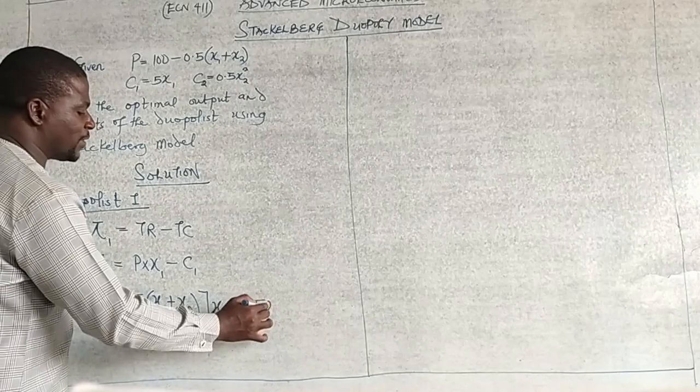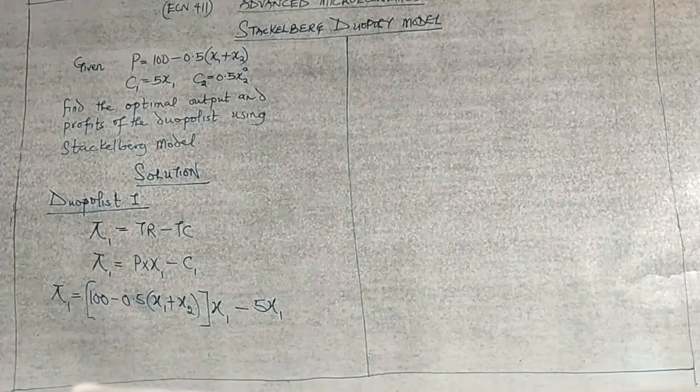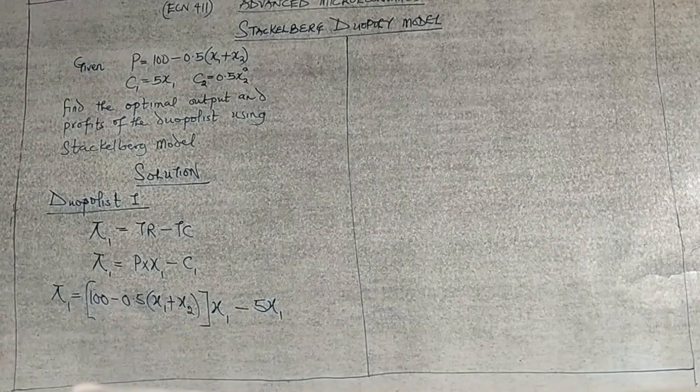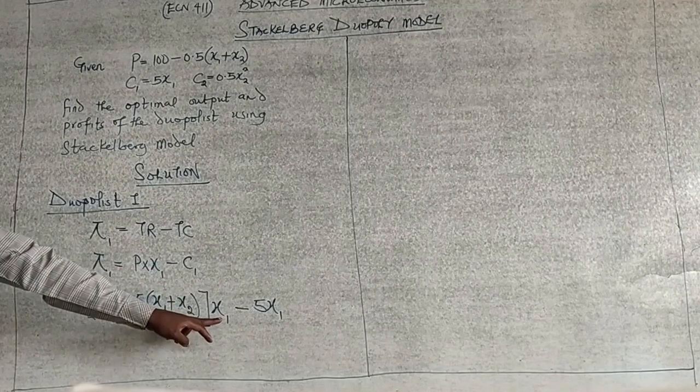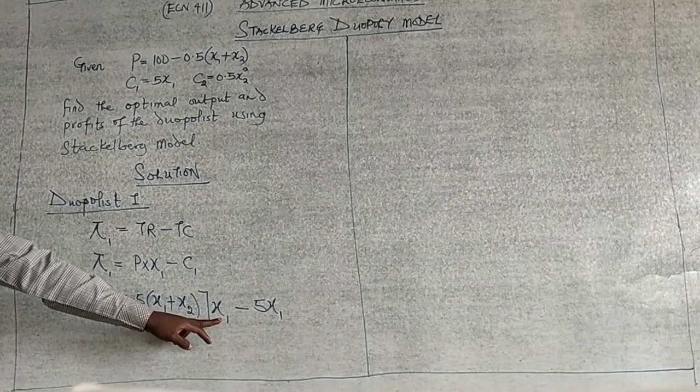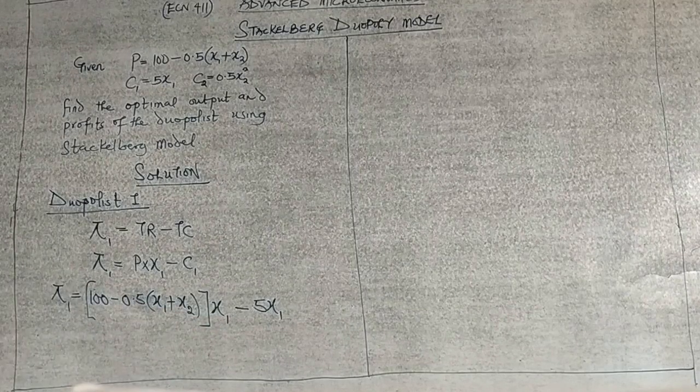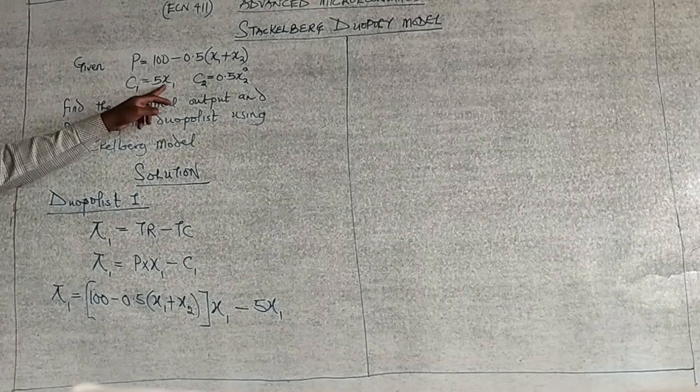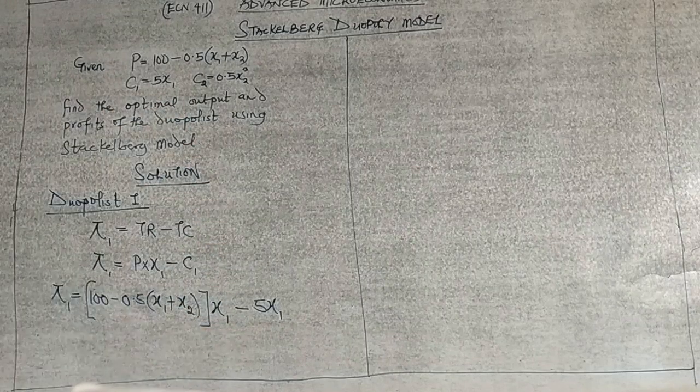Minus 5x1. Do you agree with what I've just done here? This is the whole of the price, and the x1, I put it there, then minus c1. c1 is 5x1. So let's expand the bracket.